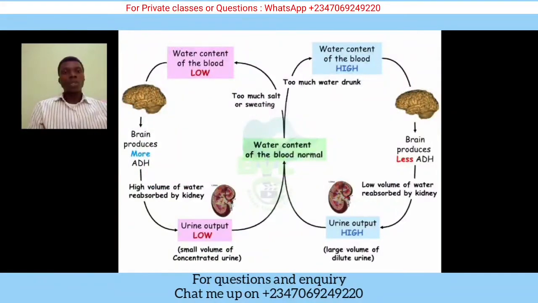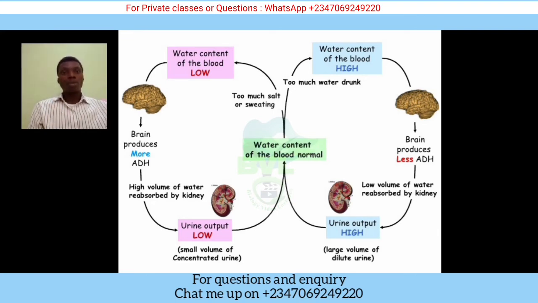Now I will use this chart. Just follow me. It's very simple. Let's imagine we start from this yellow marking here. You have consumed so much salt, or you are sweating too much. When that happens, there will be low water content in our blood, which means the fluid becomes hypertonic, which is not so good. Our pH is supposed to be 7.35 to 7.45 for our plasma.